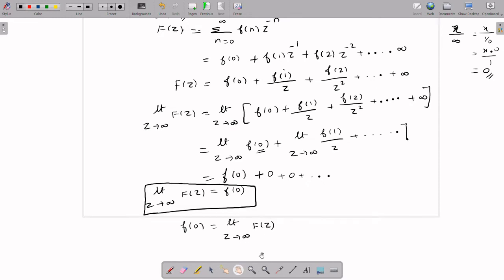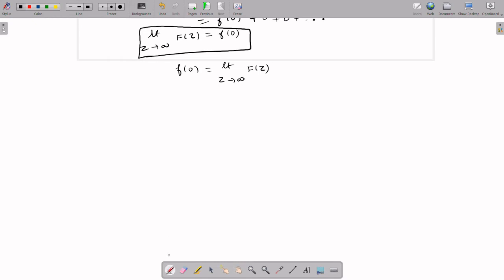Next we will prove the final value theorem on Z transform. What is the final value theorem?